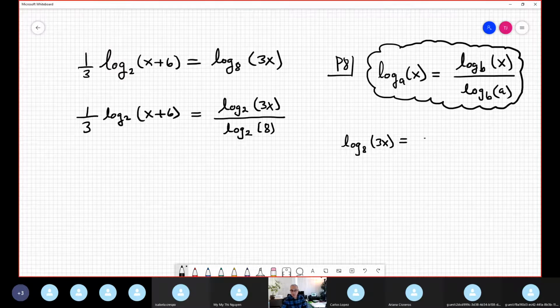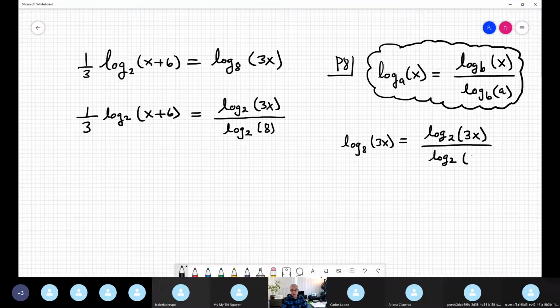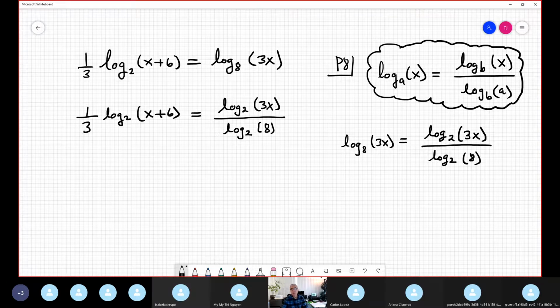Entonces, logarithm base, in my mind, in my imagination, b is 2 because in my problem I need 2 here. Of the same expression, que es 3x divided by logarithm of b, es 2, of a, que a is the original base, que es 8. Got it? Yes, thank you.